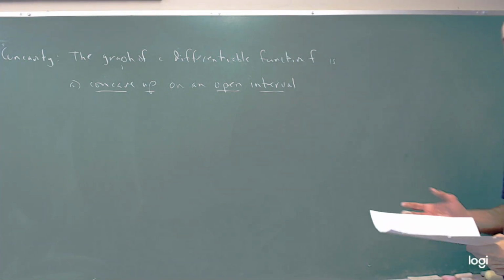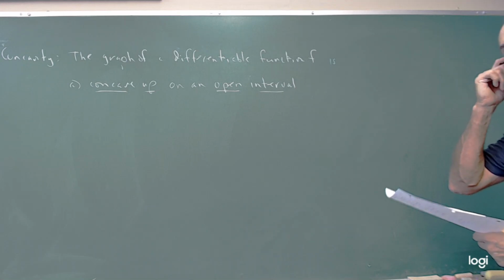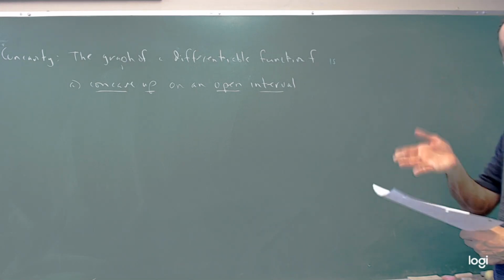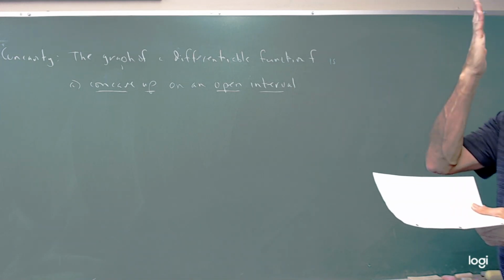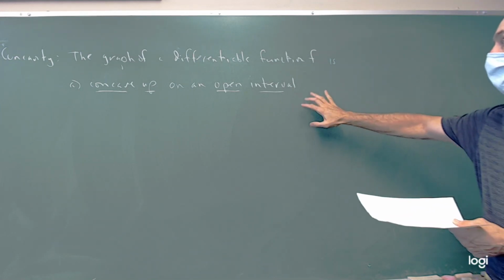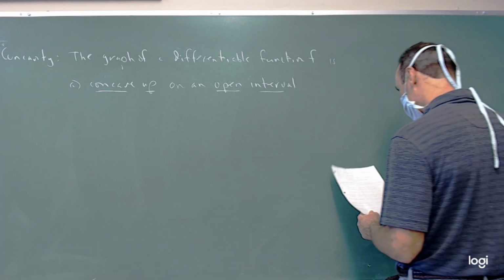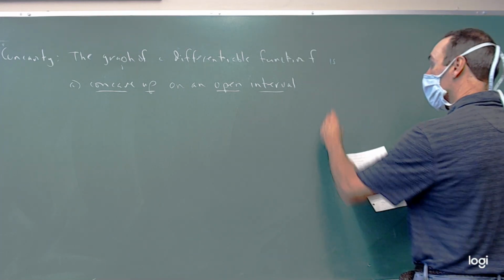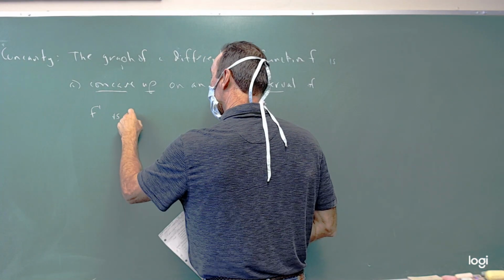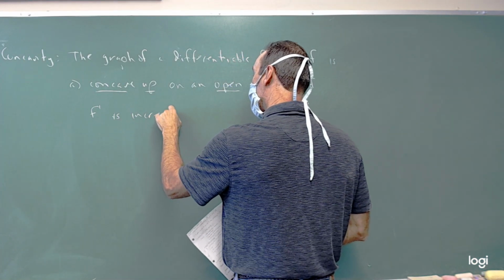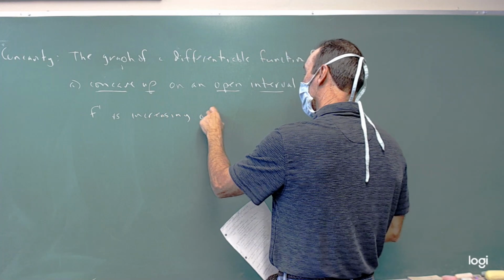For increasing and decreasing, you will include the endpoint if the function is defined there. So it can't be increasing on a closed interval if there's a vertical asymptote or something. But always open intervals for concavity. We will say f prime is increasing on that interval.